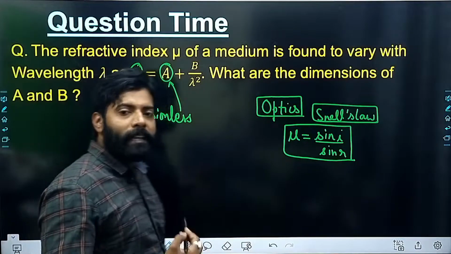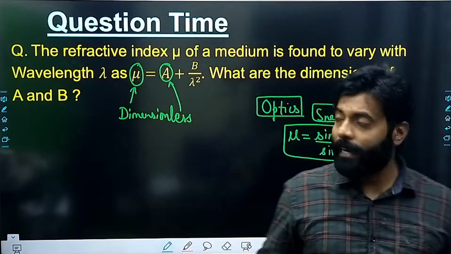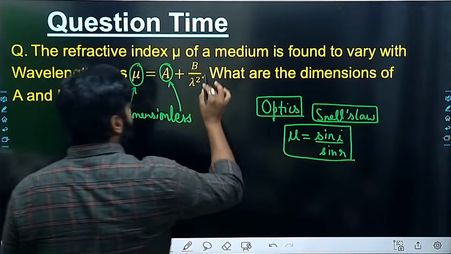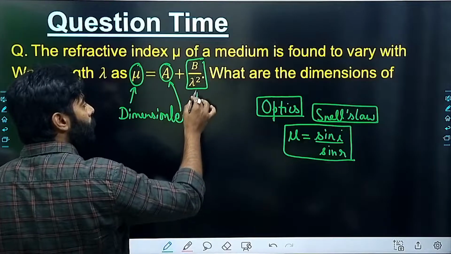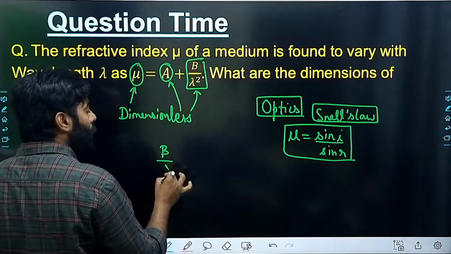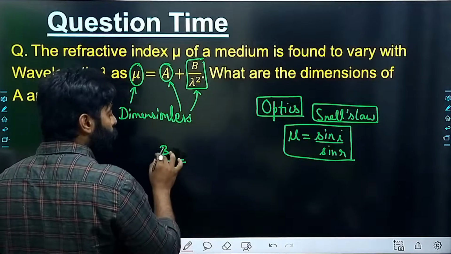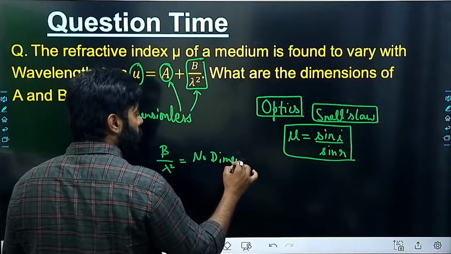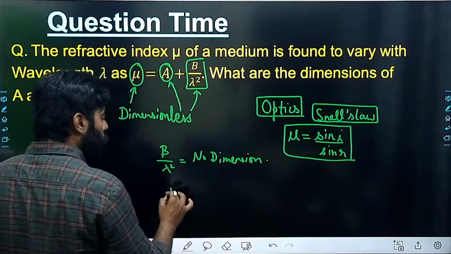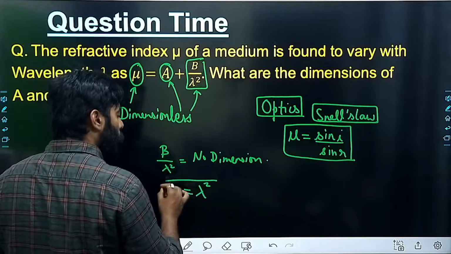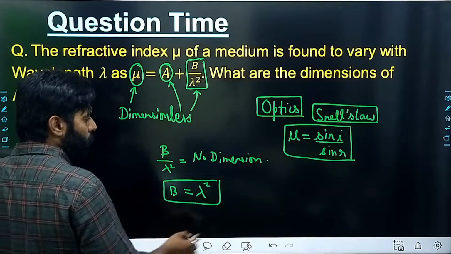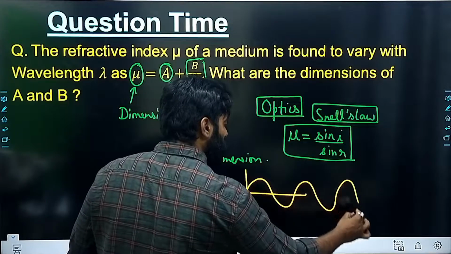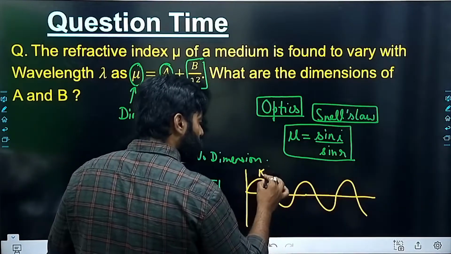So there is no dimension of A. Are you all getting it? Even this term must be dimensionless. So there is no dimension of B lambda square, but the dimension of B is lambda square. And what is lambda? This is very important. Lambda is the distance between two consecutive crests, or two consecutive troughs. So this is lambda.